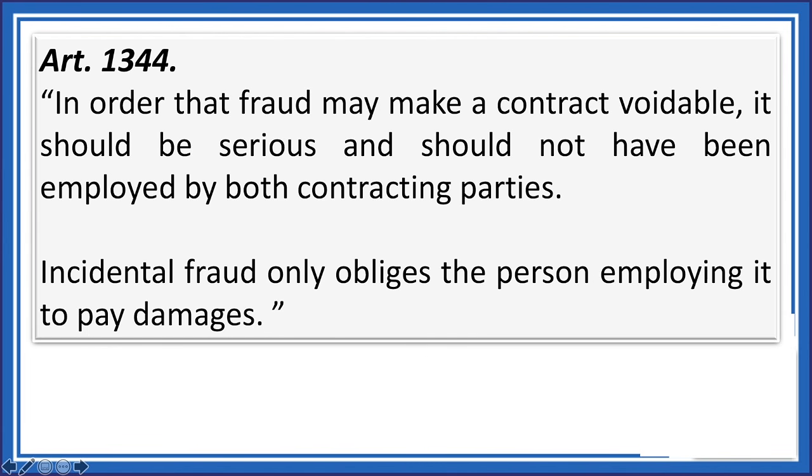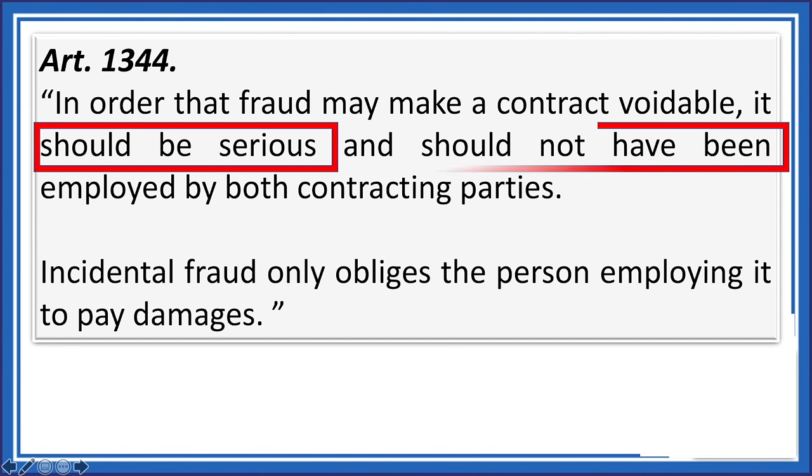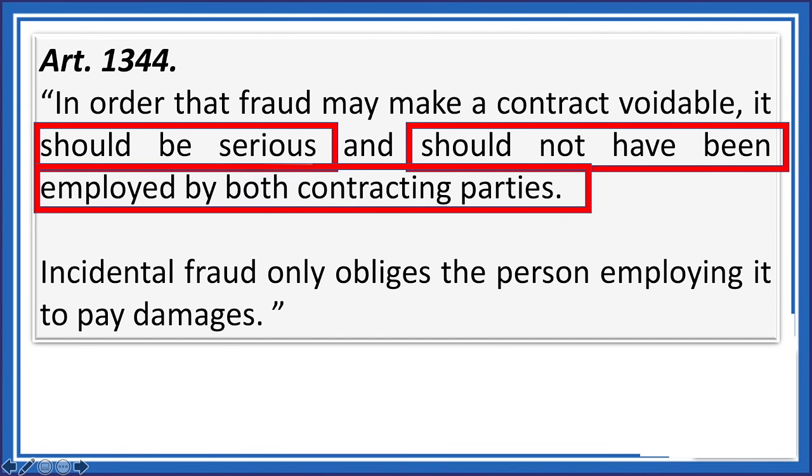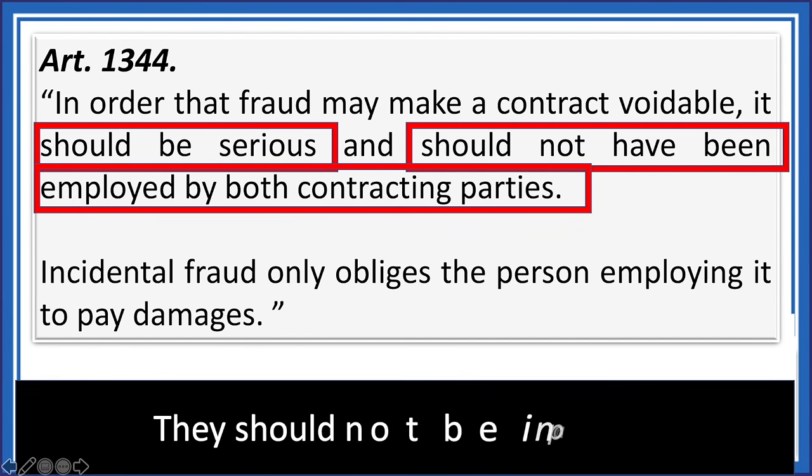Now, how do you say that a fraud is a causal fraud? It says, first, it should be serious. And second, it should not have been employed by both contracting parties. Maybe both of them did it. They are in pari delicto. That also does not work.